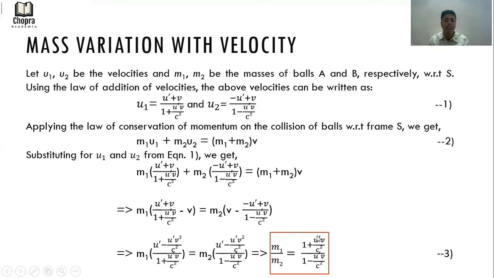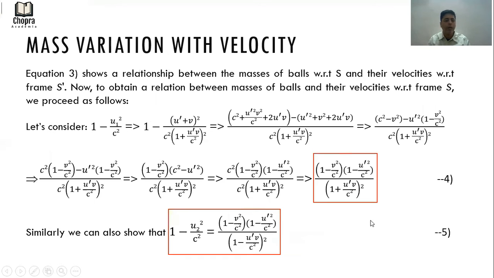So on the right hand side also, we want the velocities u1 and u2, not u dash. So in order to do that, we can read here equation 3 shows a relationship between masses of balls with respect to S, and their velocities with respect to S dash frame. Now to obtain the relation between masses of balls and their velocities with respect to frame S, that means we want relation between m1, m2 and u1, u2.